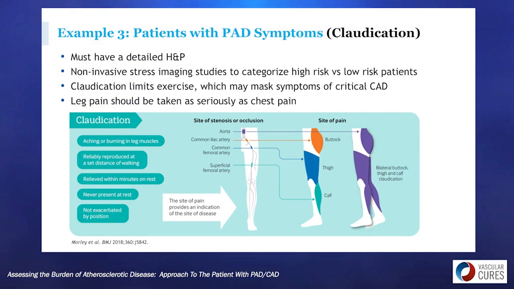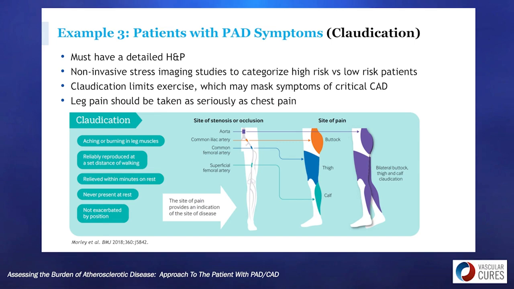What about the symptoms that you may elicit when you're talking to your patient? This is important, again, when you think about a detailed history and physical. And the key is to characterize the features of the pain, if it's associated with activity, and the location of the pain. On this figure on the slide here, you can see that if a patient has buttock pain with walking, that's not often thought about as claudication.